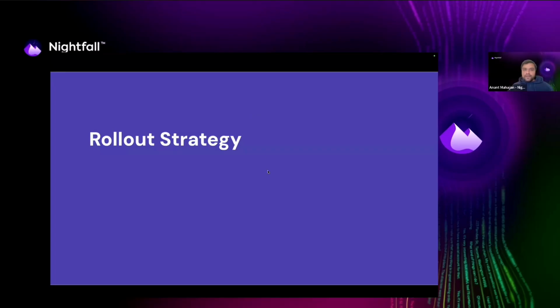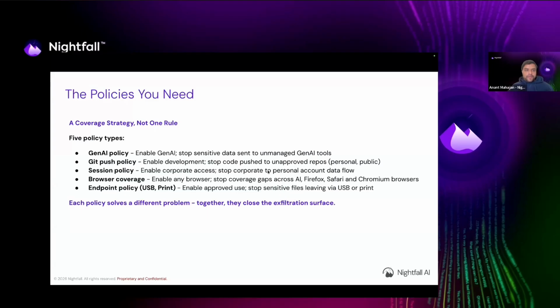Awesome. Thanks, Brian. So let's talk about rollout strategy. For the folks on the call who are already using us today, you're well on your way. Most of you are fully deployed and adopted. For any new customers or prospects on the call, we'll cover a few deployment best practices here.